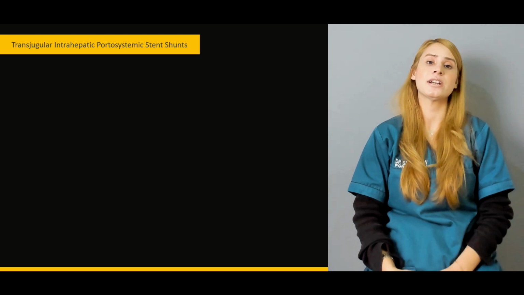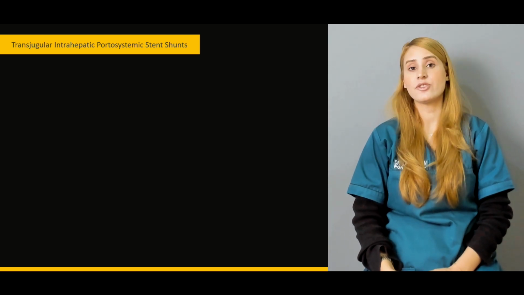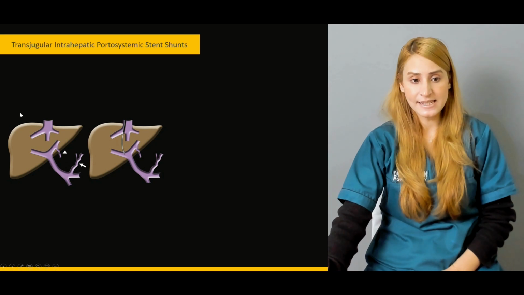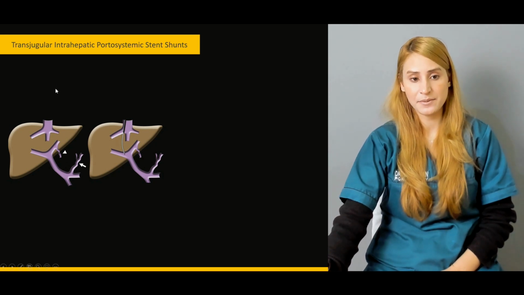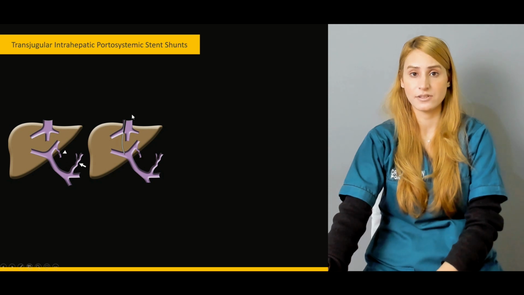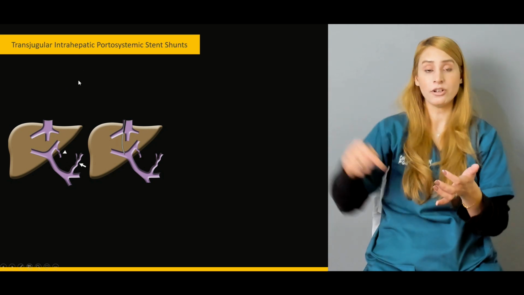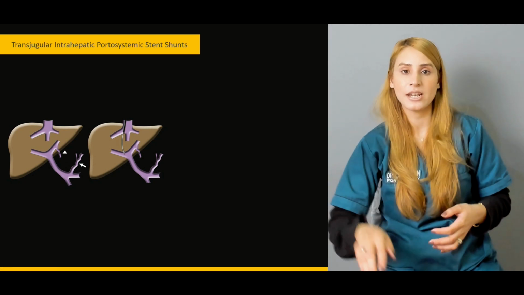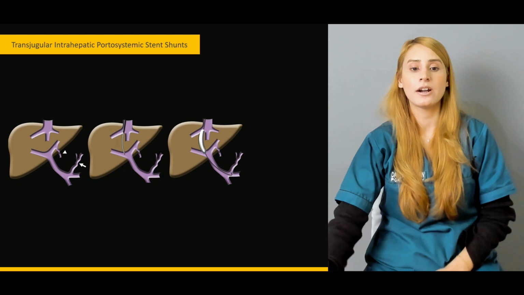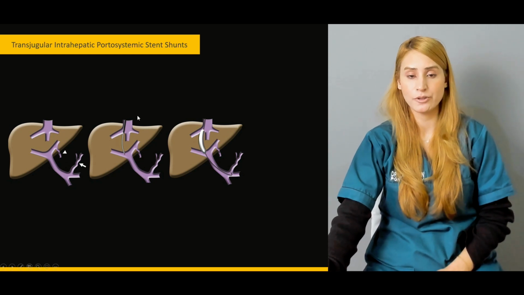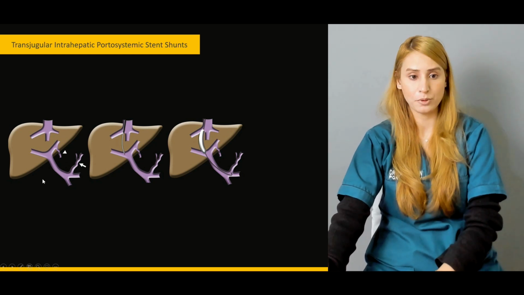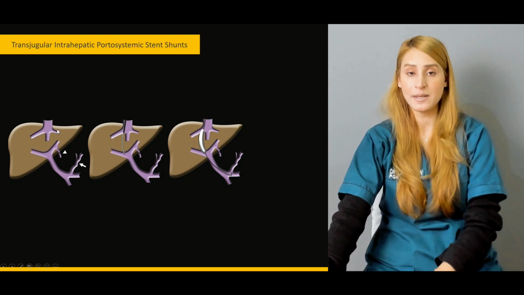There are some other shunts, the stent shunts, which are the transjugular intrahepatic portosystemic shunts. As you can appreciate, this is the part of the liver and the portosystemic circulation, and you go transjugular, right? It means you're entering through the internal jugular vein and reaching the part of the liver, and you are placing the shunt between the portal circulation and the systemic circulation.